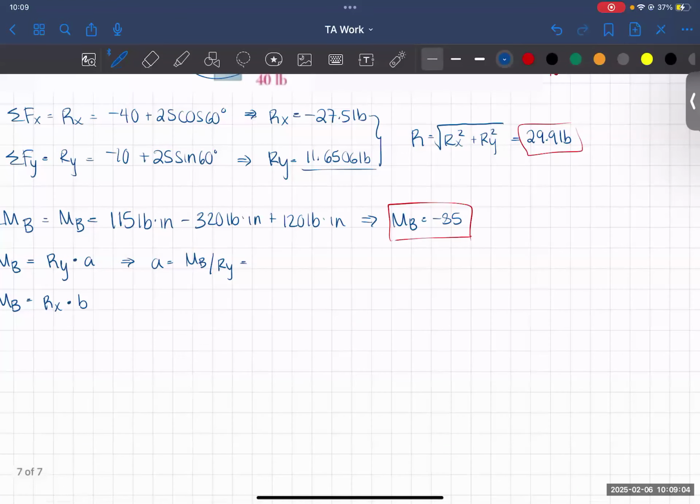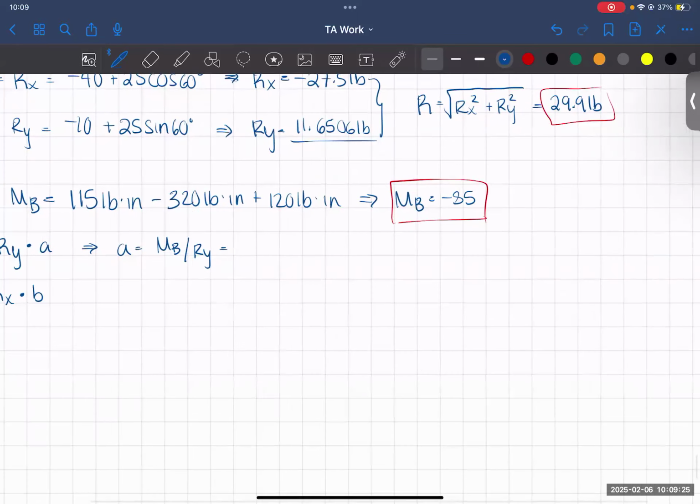We plug in the numbers, and it will be 7.3.